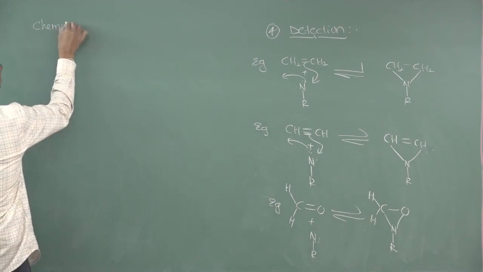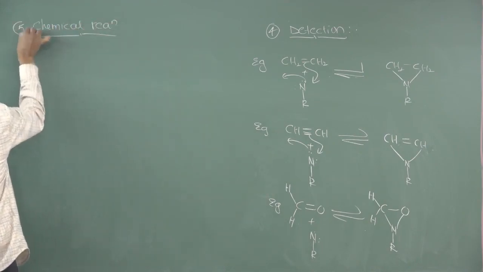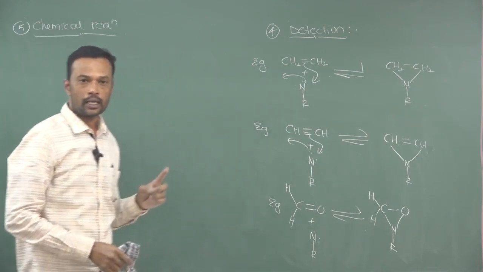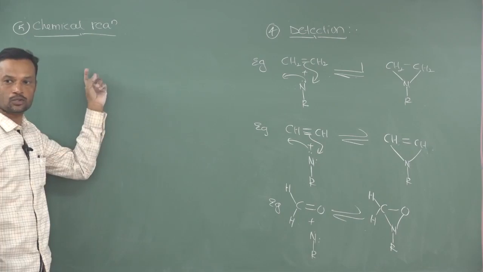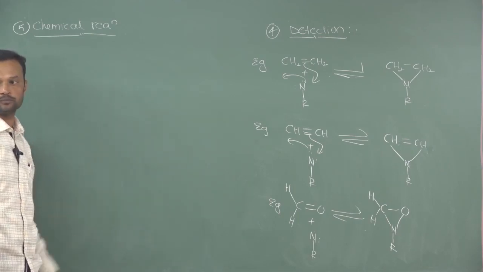Next, chemical reactions of nitrene. What are the available chemical reactions of nitrene? Nitrene chemical reactions are almost all analogous to which one? It is approximately equal to carbene only.